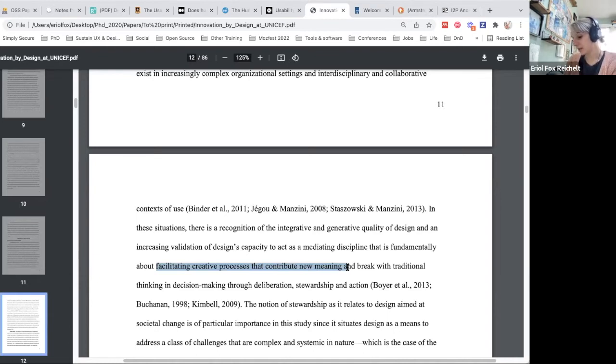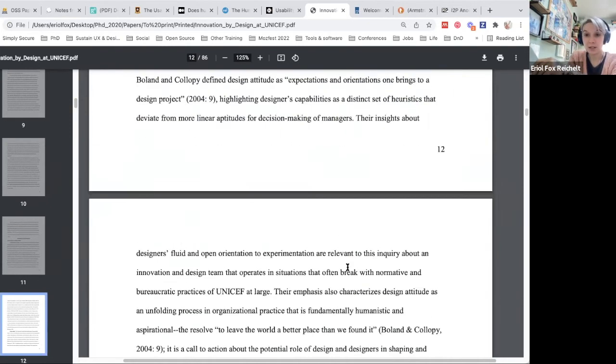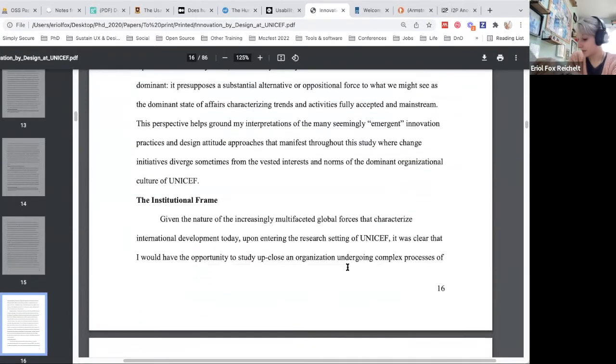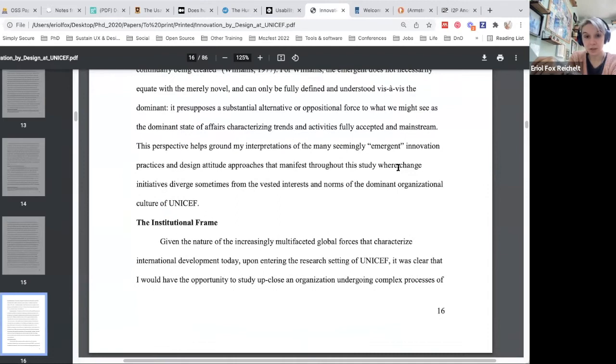Going past into the section about organizational culture and emergence practice, which is interesting. There on page 16, there is a section about how change initiatives sometimes diverge from the vested interests and norms of the dominant organizational culture of UNICEF.